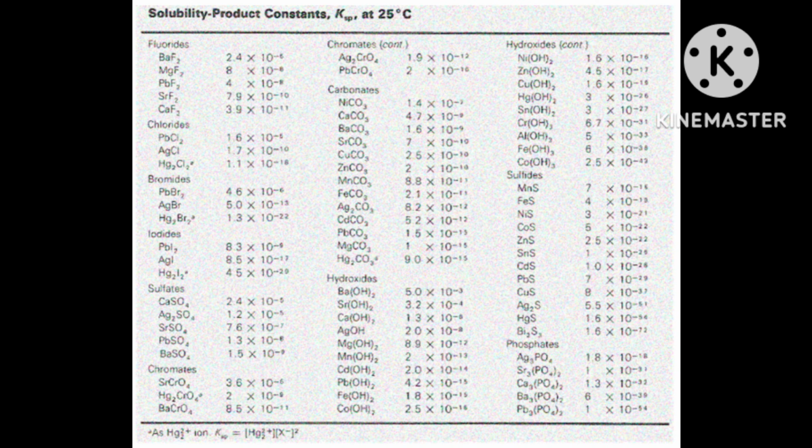Then S2 into 2S2 square is equal to the given value 2 into 10 to the power minus 15 for nickel hydroxide. Then 2 into 2 is 4, and you will get 4S2 power 3.